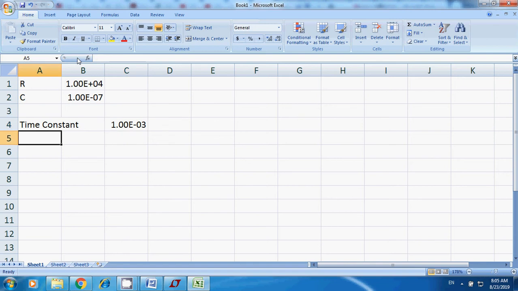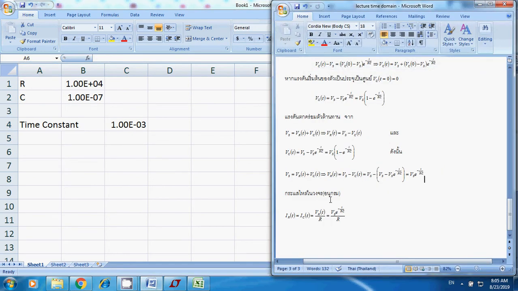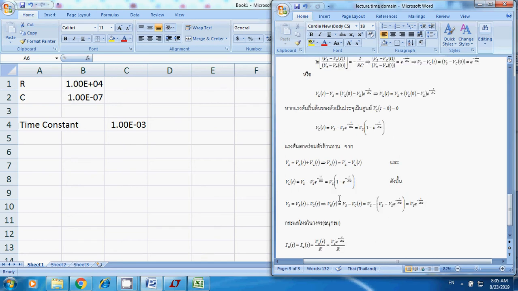Okay, that's your time constant. What I'm looking for here, just compare. If you want to look for the time constant from the plot, you know that VC equals Vs times (1 minus exponential negative t over RC).